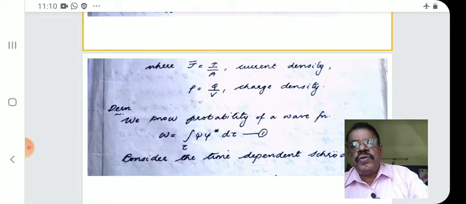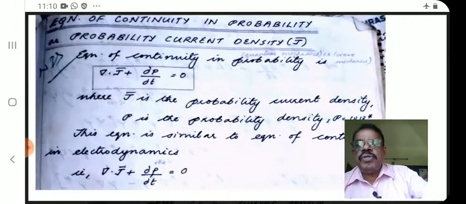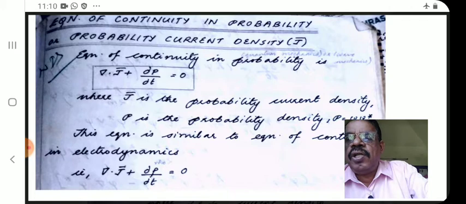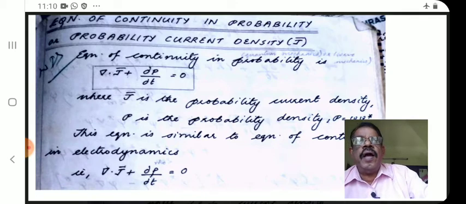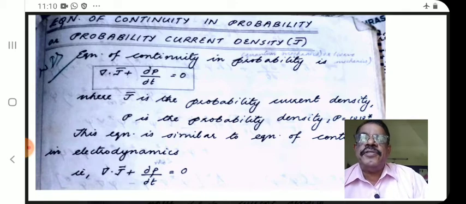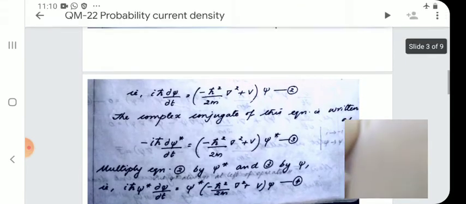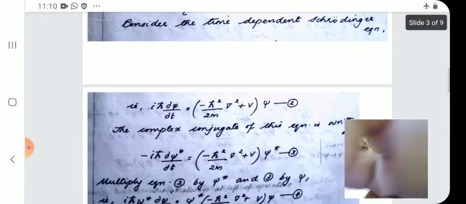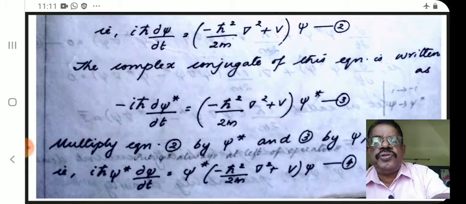So similar to the relation in electrodynamics, there is a relation in quantum mechanics, the equation of continuity in probability. It is del dot J plus dou P by dou t is 0, where J is the probability current density and P is the probability density. The two terms you distinguish. And it has a derivation, and you have to carefully note the steps.